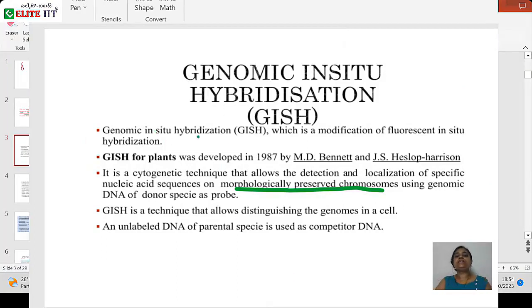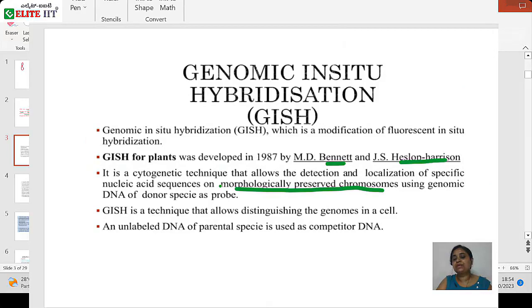Genomic in situ hybridization is a modification of fluorescent in situ hybridization. That means GISH is related to FISH, but just some modifications are done in the GISH method. And GISH for plants was developed by Bennett and Heslop-Harrison. Now, this is a cytogenetic technique that allows the detection and localization of specific nucleic acid sequences.